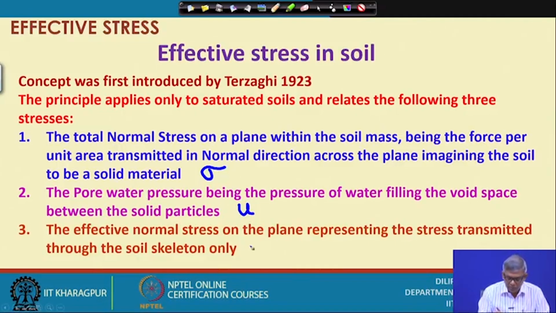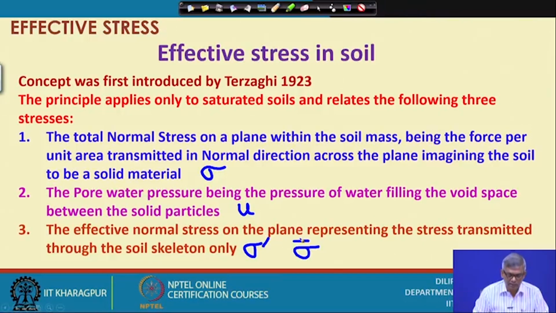Generally we use effective stress either as sigma dash, and sometimes as sigma bar. So, these are the terminologies: sigma is the total stress, which is P by A, or if it is the self weight of soil, how to find out sigma we will discuss subsequently. And pore pressure is u.